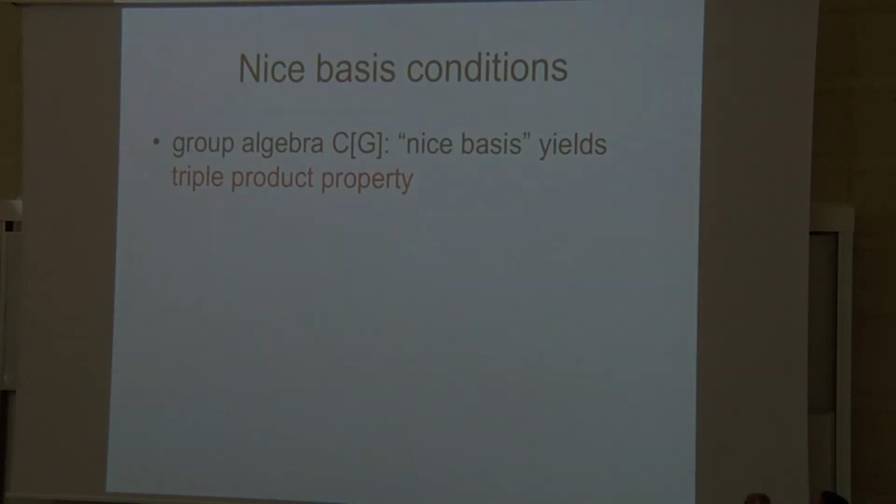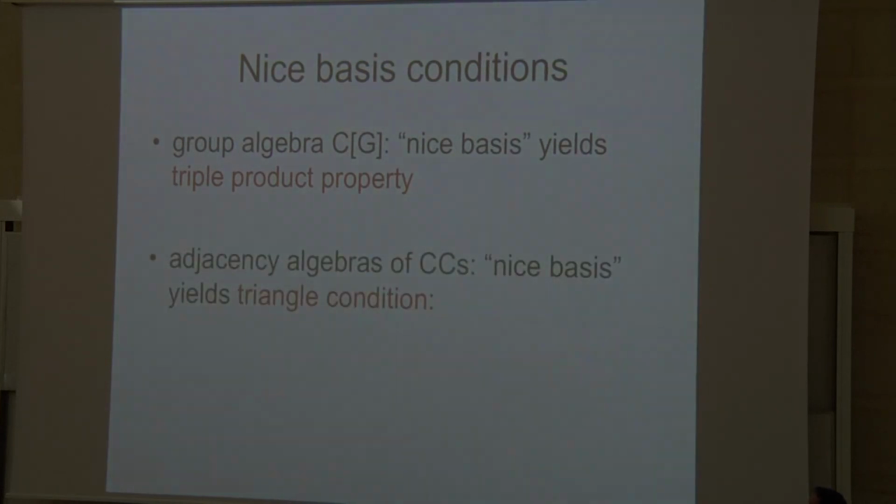And just like in the group algebra, the nice basis condition yielded something called the triple product property, which allowed you to think about embedding matrix multiplication by finding subgroups with certain properties. You can find something like that in coherent configurations.